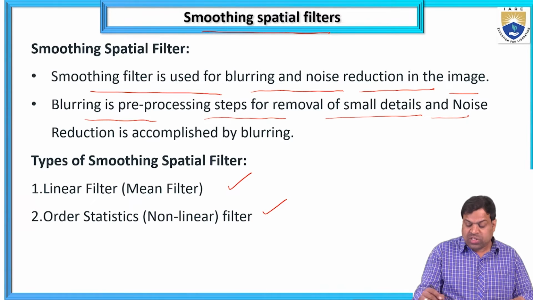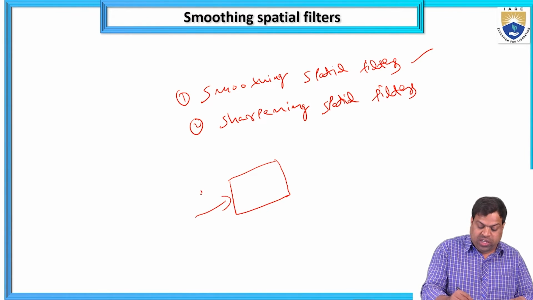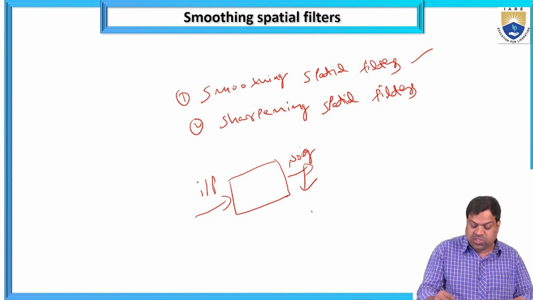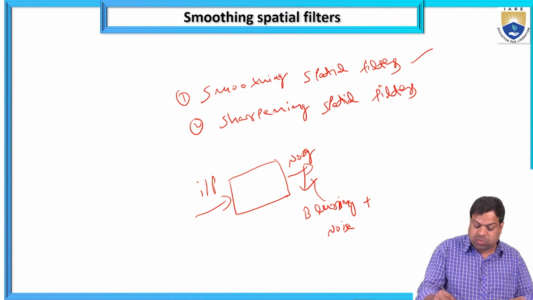Suppose I am taking one image. The input image is noisy. What does noisy mean? It means blurring plus noise is there. So what is the output?